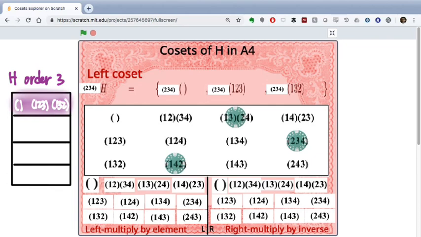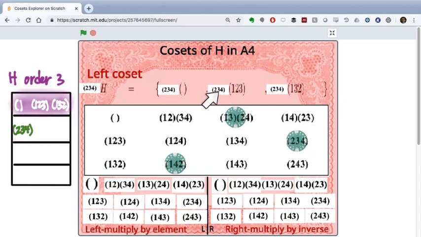They're all different elements than we started with, right? So none of identity, (1 2 3) or (1 3 2) are present in this coset. So I could make this coset a new row in my table, right? Just by multiplying this identity by (2 3 4), here's where I think the ordering is kind of convenient to keep in mind. By multiplying the identity by (2 3 4), I got (2 3 4). And so I'm going to put that one under the identity here, so (2 3 4).